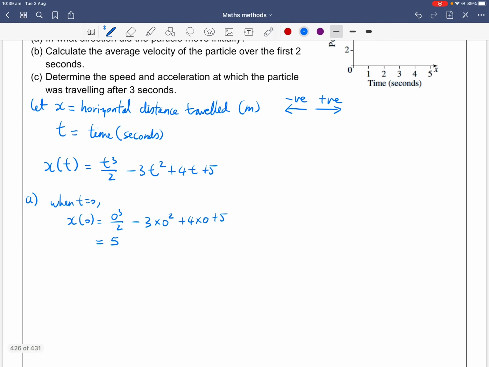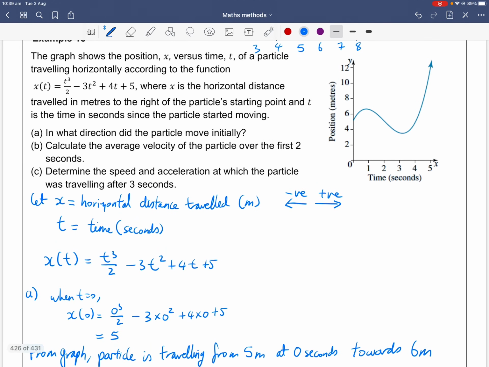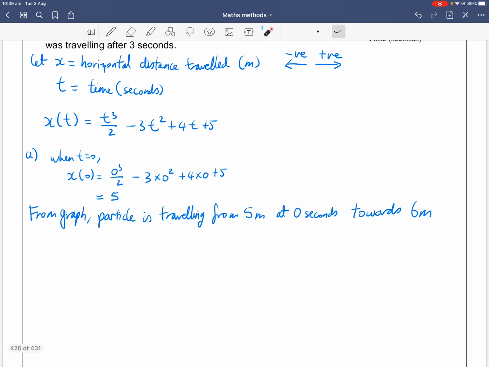So we can say that from the graph, the particle is initially traveling from 5 meters when time is 0, at 0 seconds, and it's moving towards 6 meters, because we can see from the graph it starts at 5 and then moves towards the 6 mark.